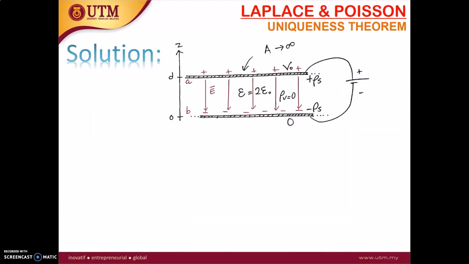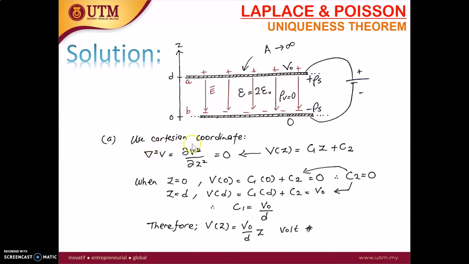For the solution, the figure is the same except the size is A infinity. So we have the positive rho S at the top and negative rho S at the bottom. The top plate is connected to V0, the bottom plate connected to ground. We have a positive charge here, so that means the E will be going down. The dielectric material between the two plates is epsilon equal to 2 epsilon naught, rho V equal to 0.